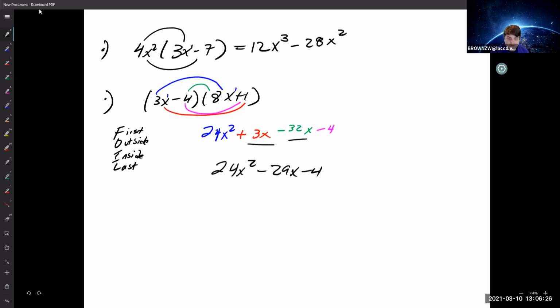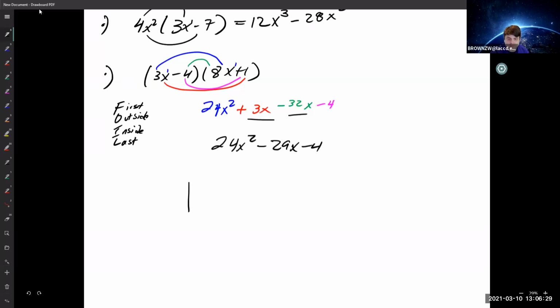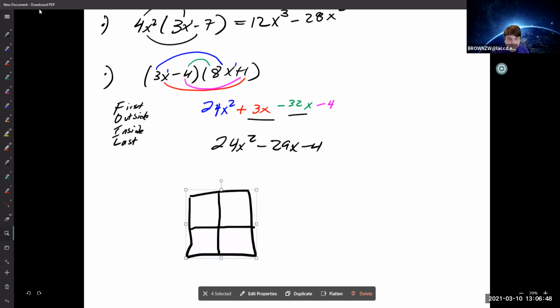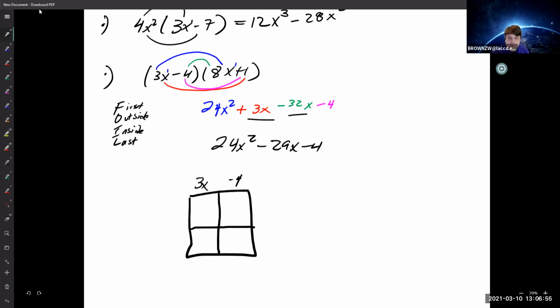The other way that some people like is breaking it down into a box. Let's make it a little bigger. Okay, so where we write our expressions along here, so we have 3x minus 4, 8x + 1, and then we just multiply everything through in the boxes.